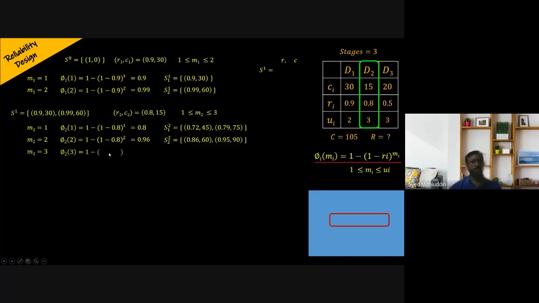Here the equation will be the same, except that the power will be 3, and it gives us a much better reliability. In the same way we compute S23, by multiplying the reliability and adding the cost. Remember, here we use 15 as the cost multiplied by 3, because we are considering 3 devices at this stage. So now we get the tuples, or the elements, of set S23.